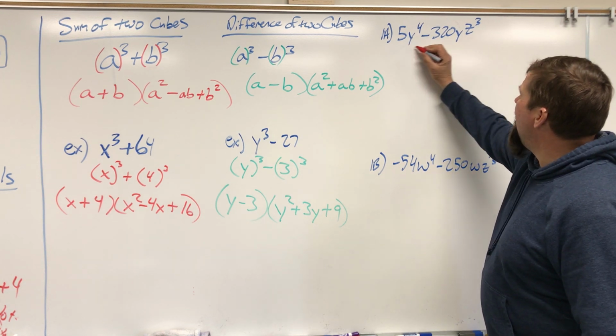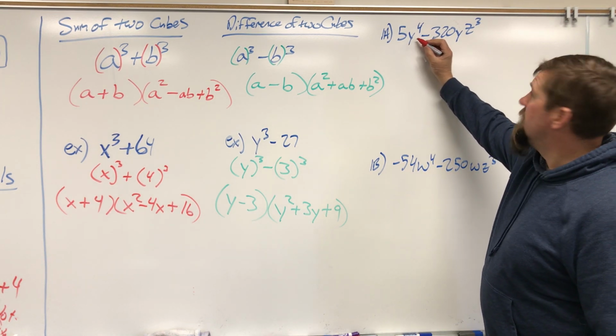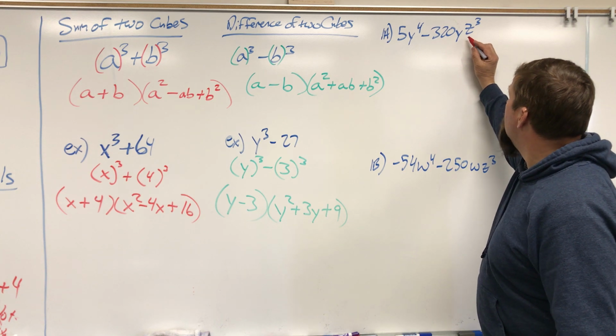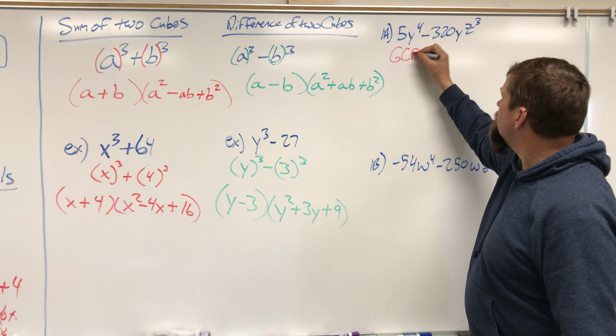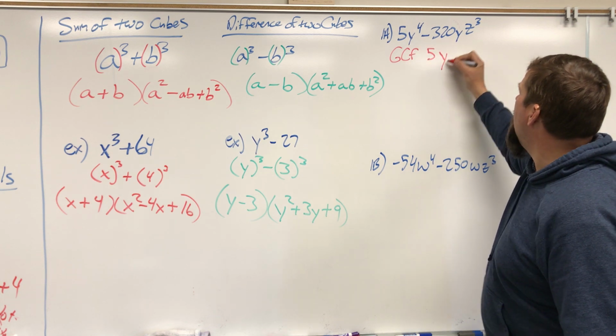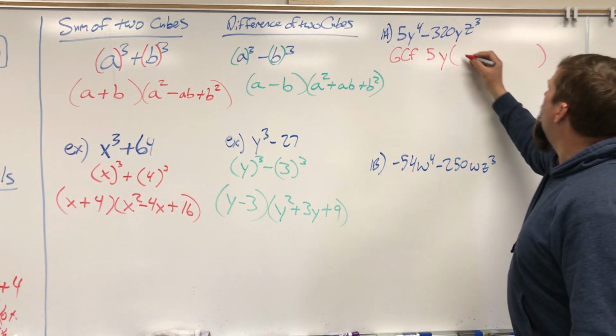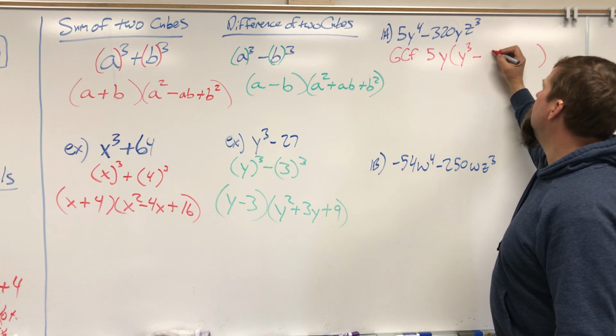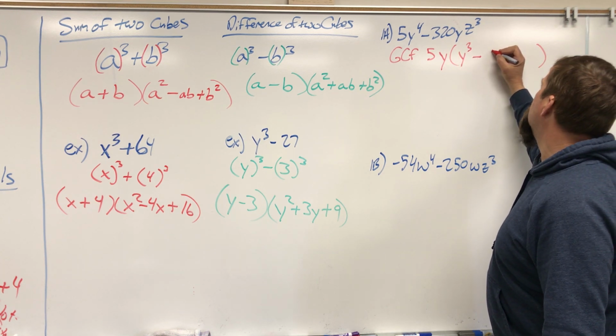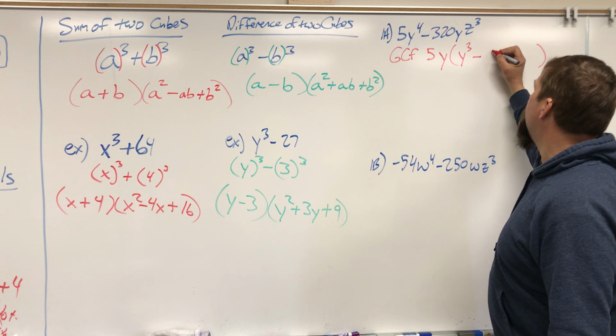When you look at 1A, you don't see perfect cubes. However, if I take out a greatest common factor of 5y, I end up with y cubed minus, what was that? 5 goes into 32.